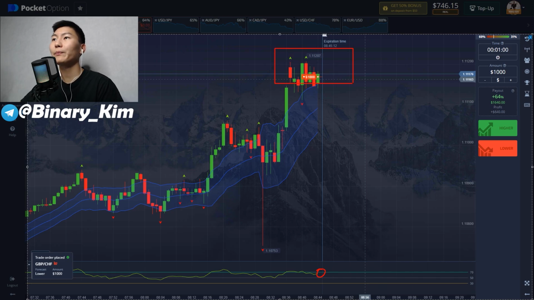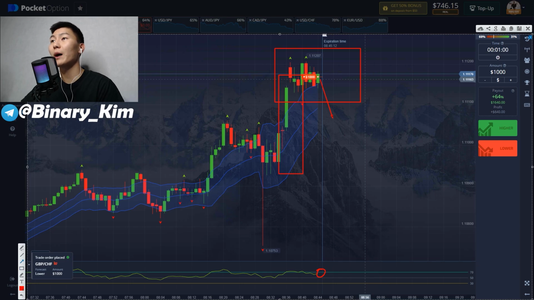We also see this accumulation zone here, after which the price should move downwards and the price will enter the channel again. We see a more upward dynamics here, and the local high has been updated. So before the continuation of the uptrend, a small correction will definitely happen. That's why we open the short position, guys.